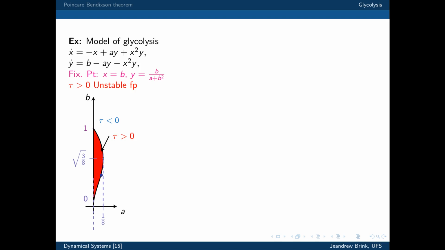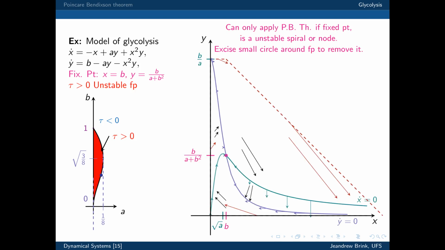Okay, so if we have a stable fixed point, we know we're going to draw that plot again. This is the plot that we drew so carefully the previous time. We know that it's going to enter this trapping region, and we know it's going to stay in there. And then we basically have two possibilities. It either goes to a fixed point or a limit cycle. And only if you've cut out all the fixed points can you prove that it goes to a limit cycle.